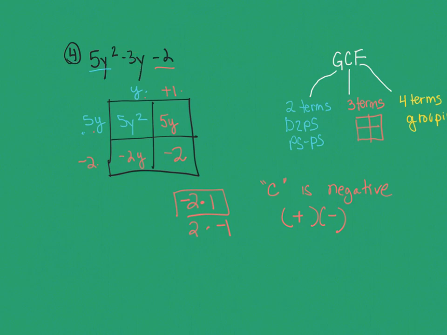So here's what happens. When I have the right coefficient, but I have the wrong sign, what it tells me is that these numbers are in the correct place. What I need to change is where the positive is and where the negative is. So therefore, this -2 there, I'm going to take and make it a +2.